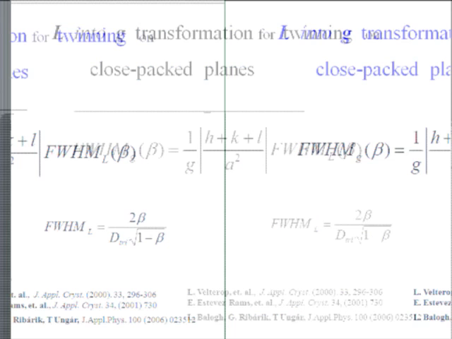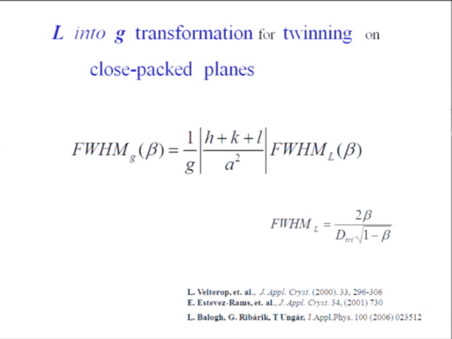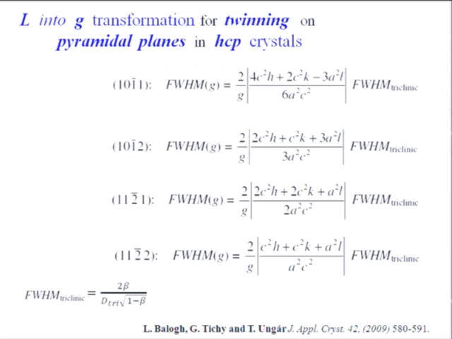This has been shown for the closed pack planes by Welzel and co-workers. Estevez Rams have also done some fundamental work in this direction, and the third one is from my PhD student.